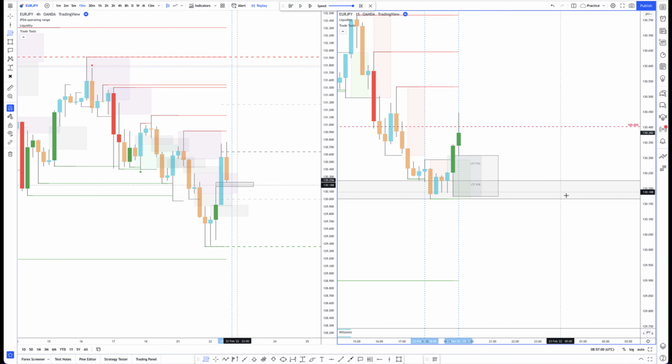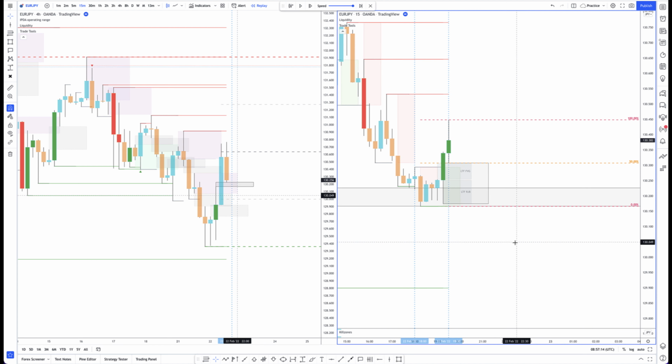and wow, look at that. What is this? One of the previous trades. Okay, let's set up our risk reward.